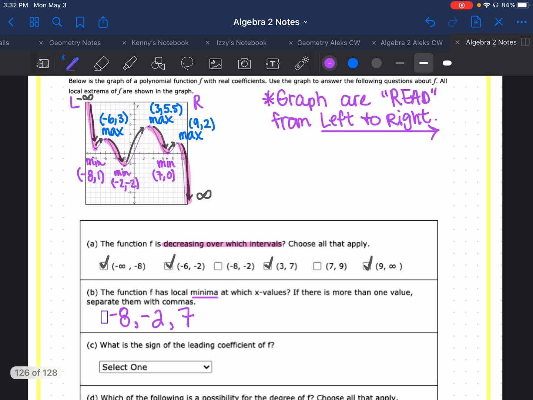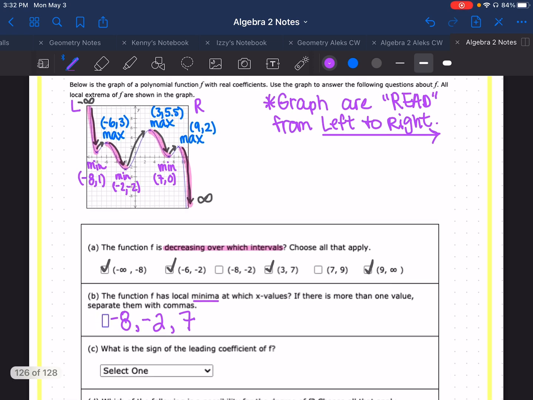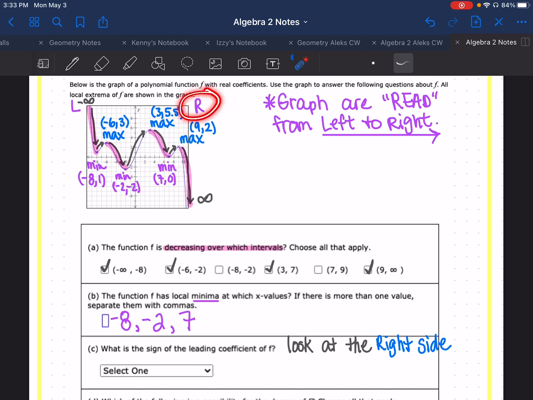All right. Question C is going to ask, what is the sign of the leading coefficient? Remember, for the leading coefficient, we're going to look at the right side, because the right side tells me my leading coefficient. Notice that it's falling.